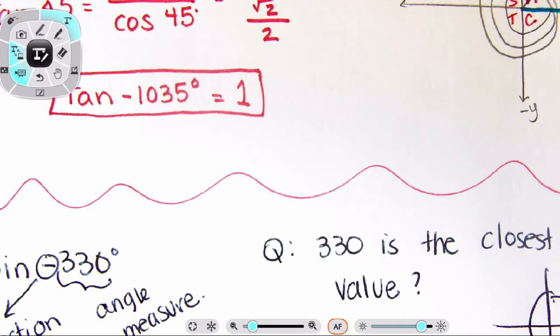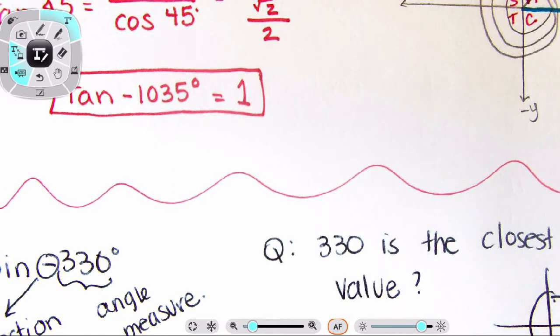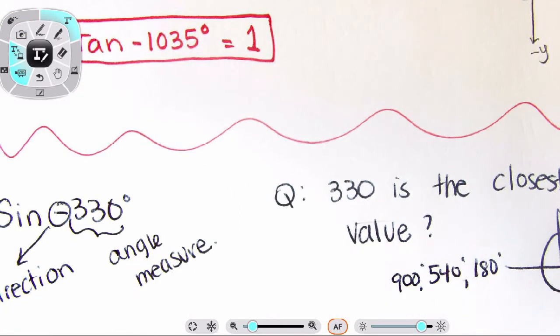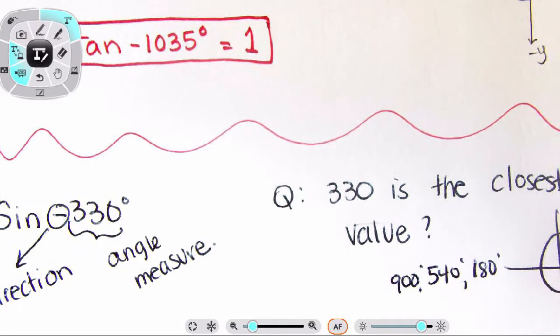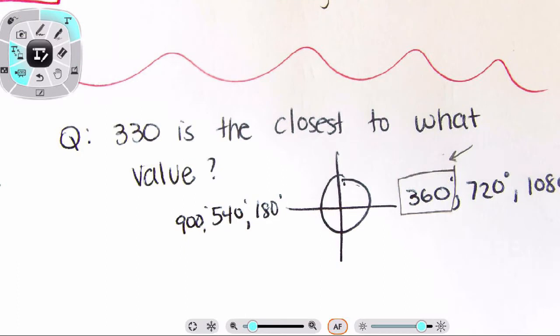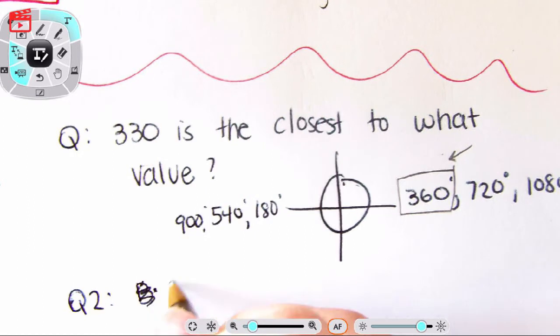They're 360 degrees, 720 degrees, 1080 degrees, or 180, 540, 900. So which one is it the closest? 330 is the closest to 360. And then question number 2, by how much, or let's do how much is missing.